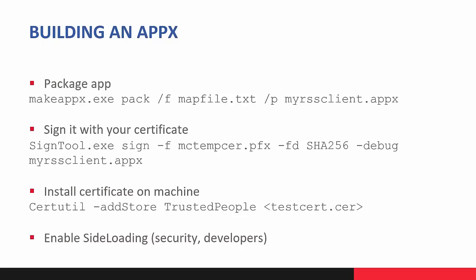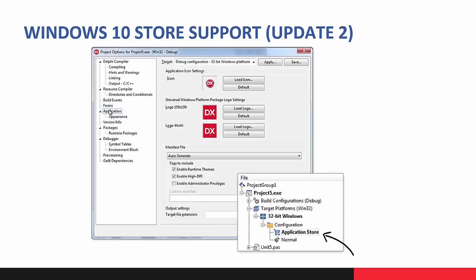This is what is leveraged by the RAD Studio IDE, starting with Berlin Update 2, when you target the application store with your application. So let me go through the steps and show you how you can build an APPX out of an existing Windows application.